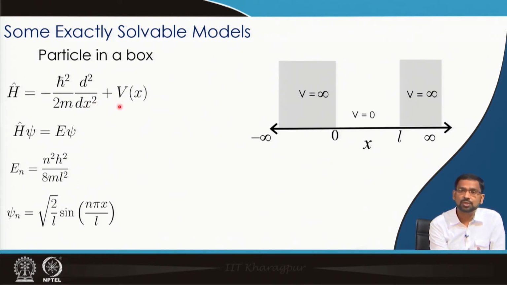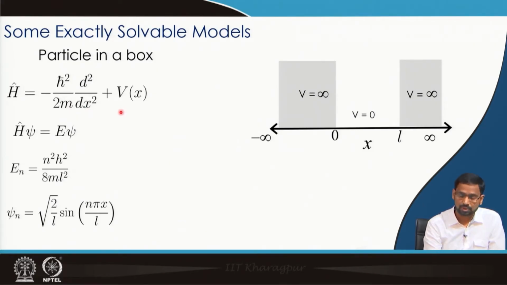What is the potential energy? Whatever the particle experiences, if there is an external field, or if there are other particles with which it can interact, those kinds of interactions can be incorporated in this potential energy operator. So, together the kinetic energy and potential energy operators constitute the Hamiltonian operator.